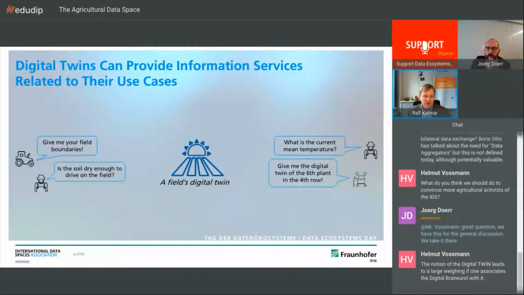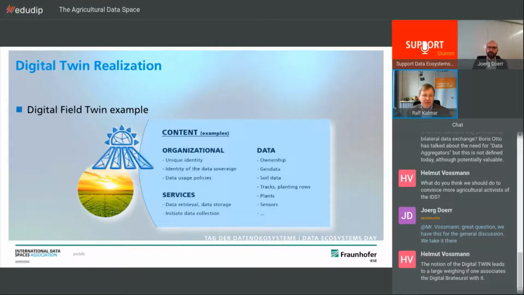However, we can also make things more comfortable by providing services. So the services, of course, data retrieval, or maybe even initiating a data collection could be one side. But you would find all typical data of geographic data, soil data, everything you might think of that is contained, for example, in a digital field twin.